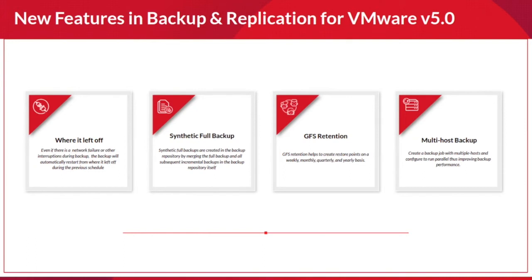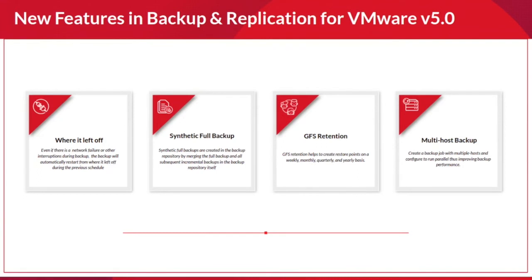You could select only the VMs from a single ESXi, but now you can select VMs from multiple ESXi. Until the current version 4.2, if you wanted to select VMs from multiple ESXi hosts, you needed a vCenter.